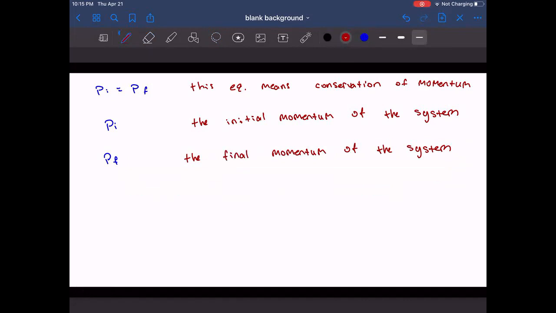And then you have to take it a step further, right? You hopefully kind of see the hierarchy here. This is the biggest thing. This is what you spend weeks on. Equation, conservation of momentum. Great, easy. But what does it mean? It means this. But then you have to go again and say, what does that mean? And you have to identify each of these things. Initial momentum. Well, hopefully you know what momentum is. It's P equals mv. Don't ever forget that one, right?